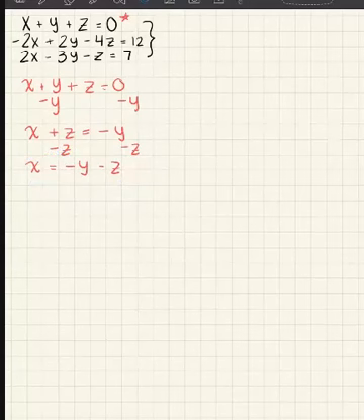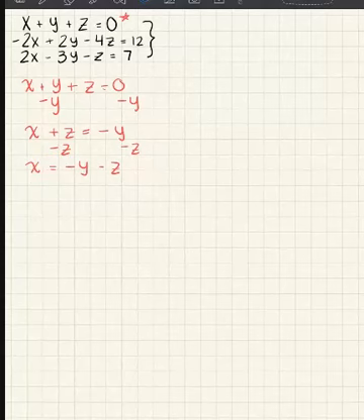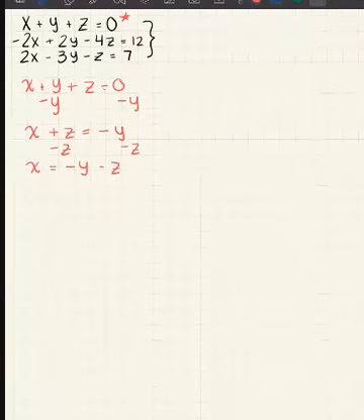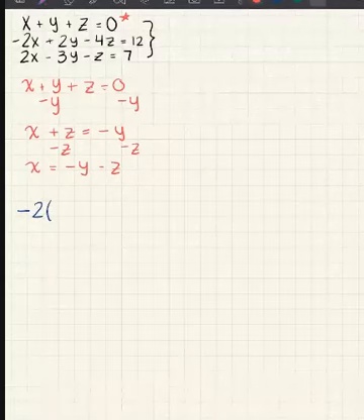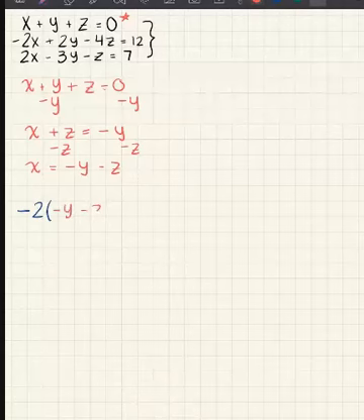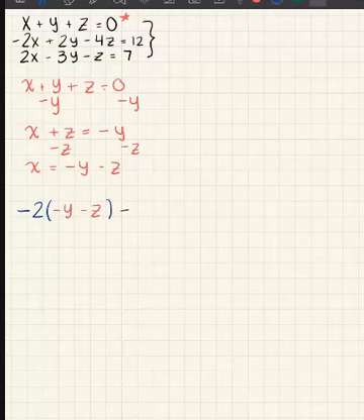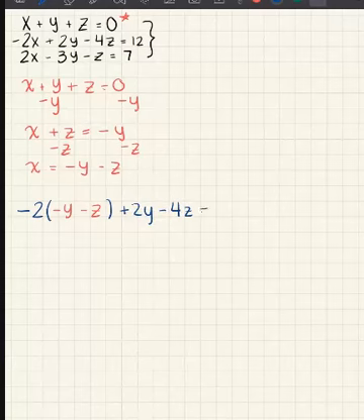That does give us something to plug in to the other two equations. So we can take our second equation and plug that whole thing in for x, negative y minus z, plus 2y minus 4z equals 12.